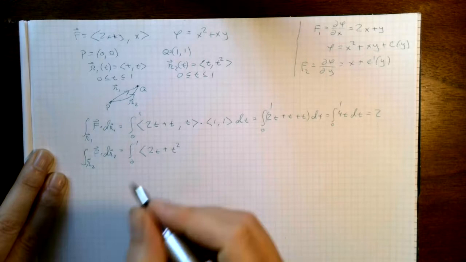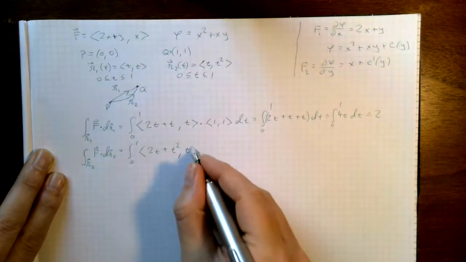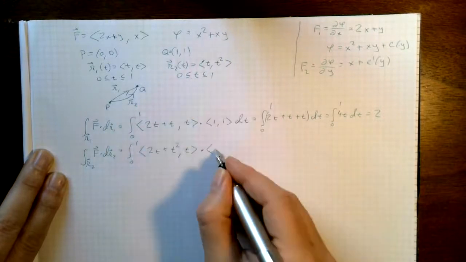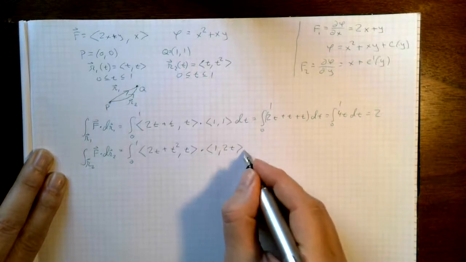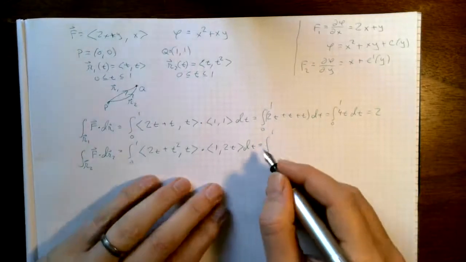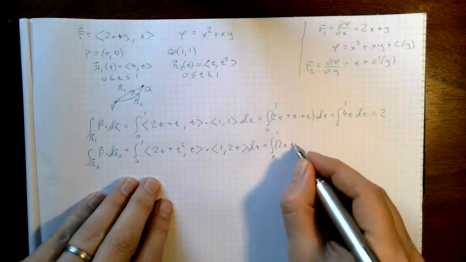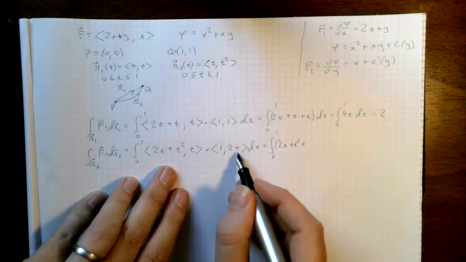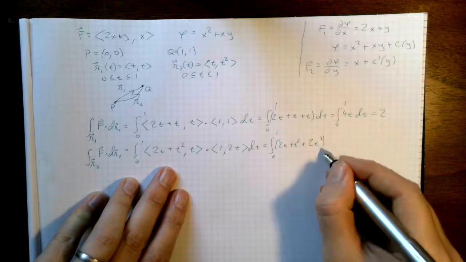Then comma x is t, dot, now the derivative over here is 1, 2t, dt. So 1 times this thing, 2t plus t squared, plus t times 2t, so 2t squared, dt.